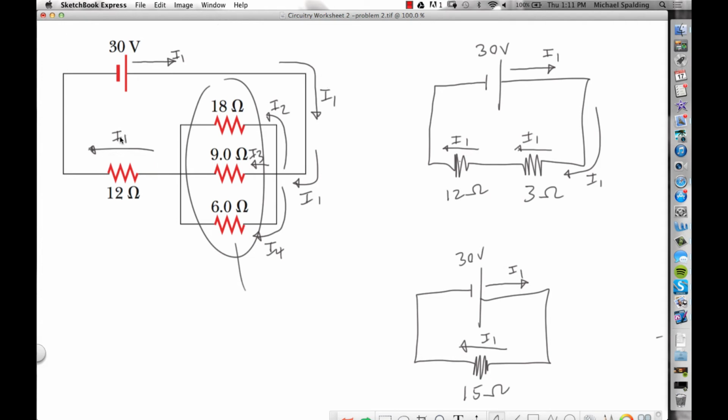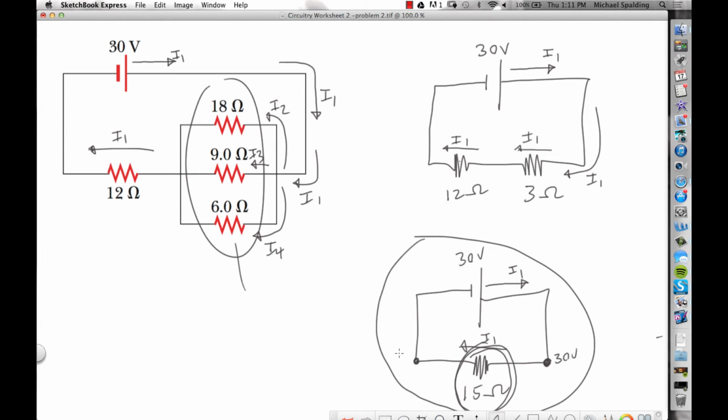The picture to use is the last one, because what must be the delta V across this 15? 30, because right here is 30, and then the other side is 0, right?